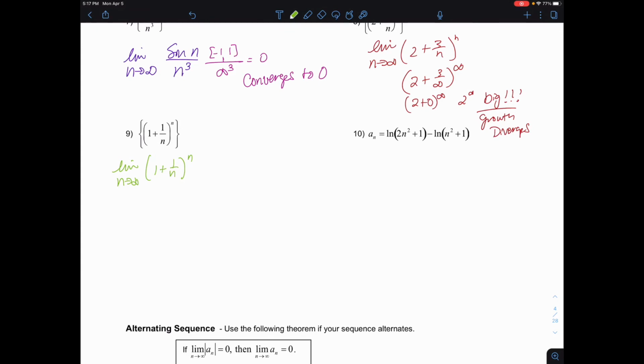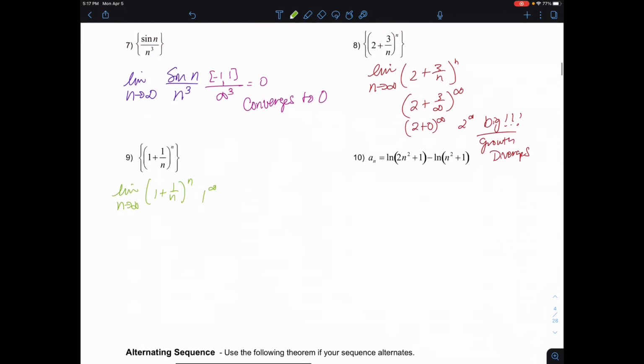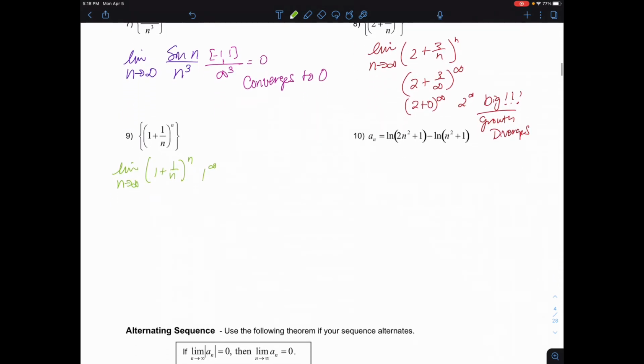This is 1 to the infinite power, and we said 2 to the infinite power before diverged. But this one, I'm not sure. We did a little bit of math to that one to look at it, and we had a little bit more going on in that other problem. Here we have 1 to the infinite power. This is an indeterminate form.